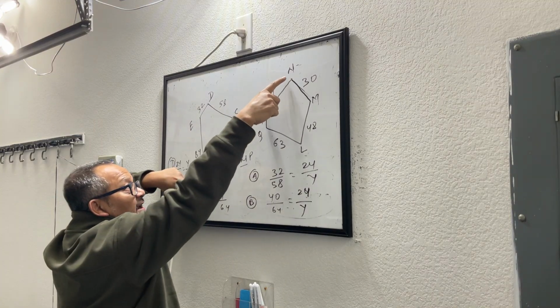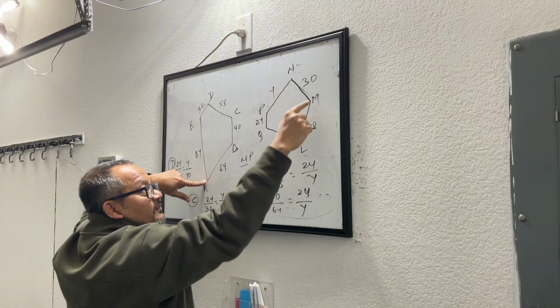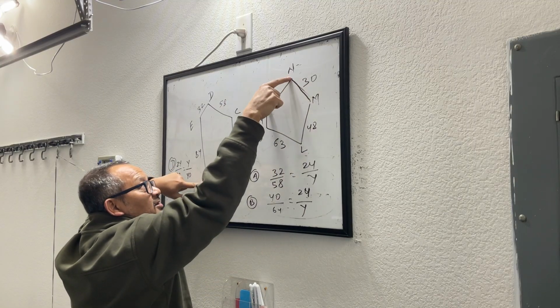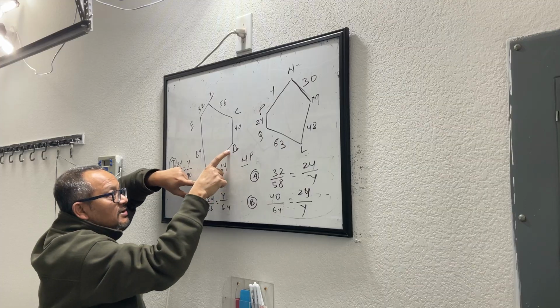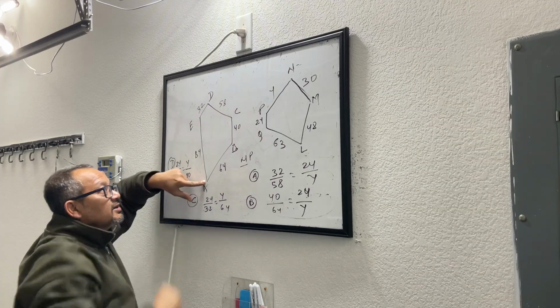N to P aligns with which one? This is first side, second side, third side. If you start from here, first side, second side, third side.